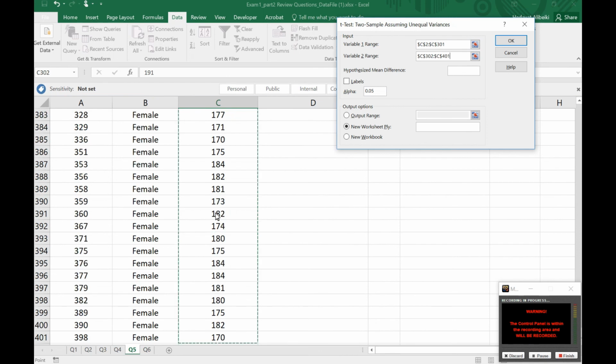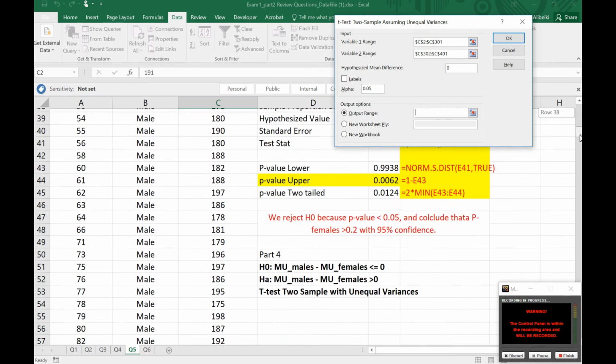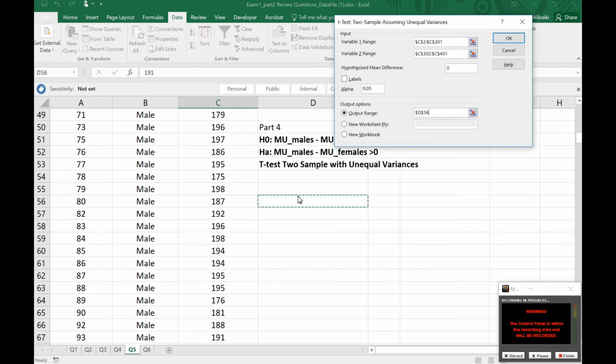So C2 to C301 for male, C302 to C401 for female. Hypothesized mean difference would be 0. There are no labels. Alpha would be 5% again. Output range, I check here and put my result at E56.